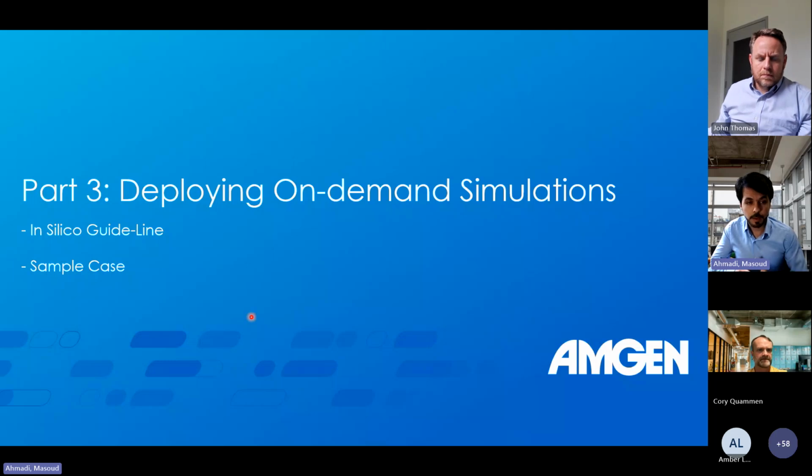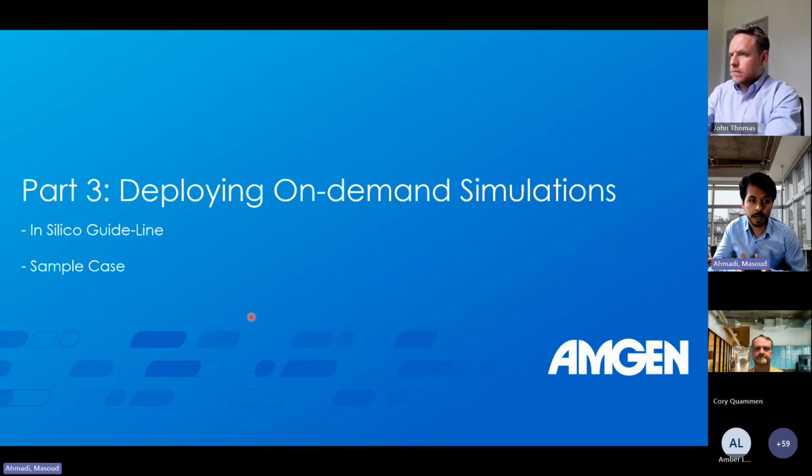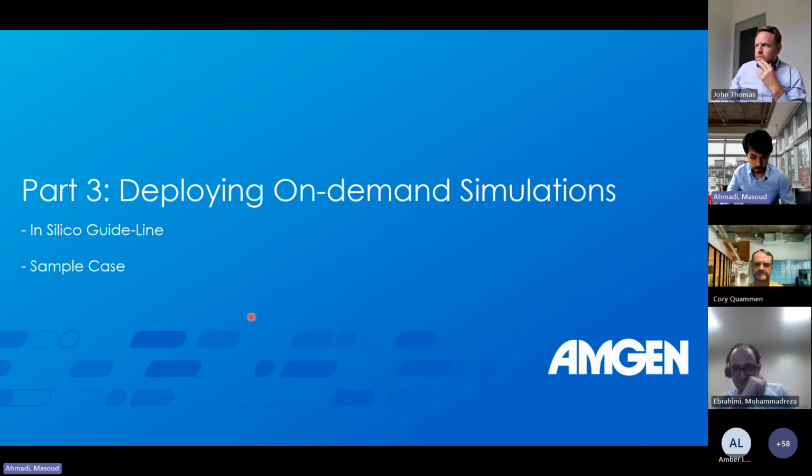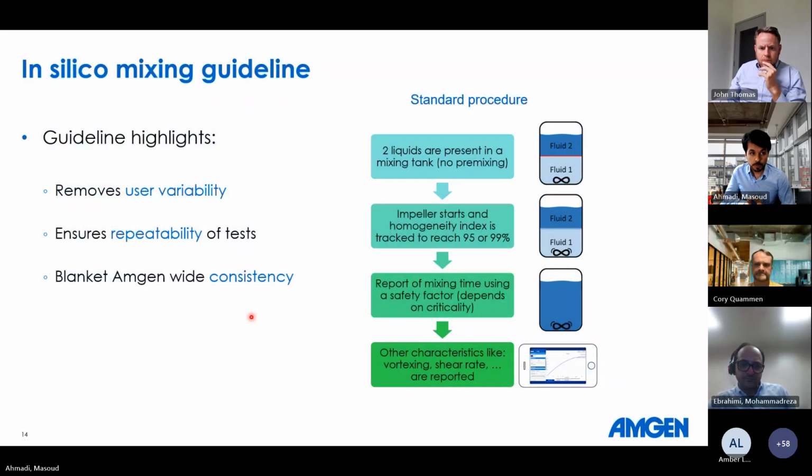In the last part, I'm going to discuss a little bit about how we deployed this on-demand simulation, what the in silico guideline is, and how every engineer throughout Amgen can have access to and use our toolkit. To remove user variability in the process and ensure repeatability of the test, this in silico mixing guideline was necessary to bring consistency throughout Amgen.